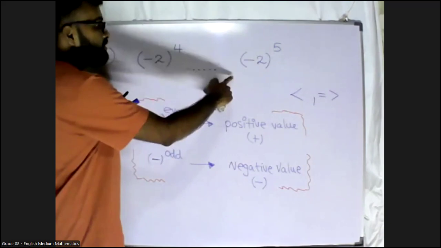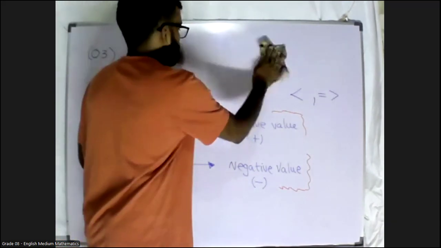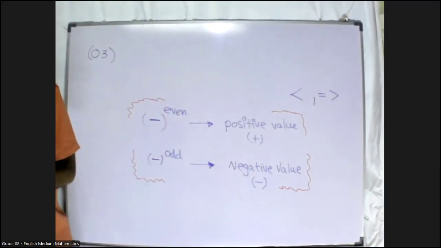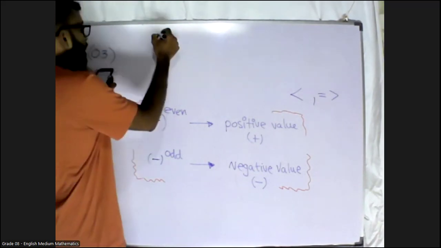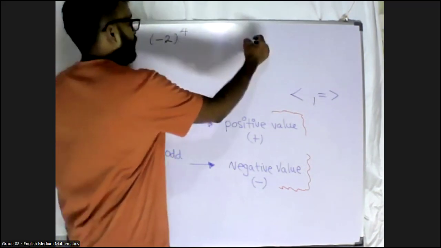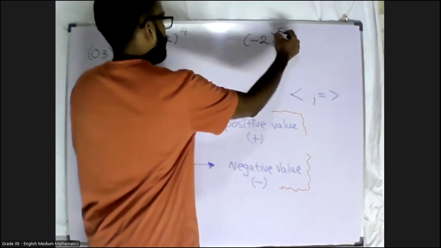And I will write this somewhat upper, because I do not have enough space. Minus 2 to the power of 4, minus 2 to the power of 5.